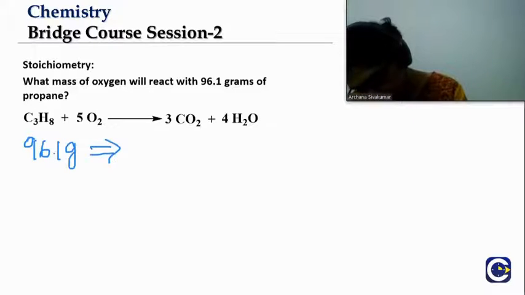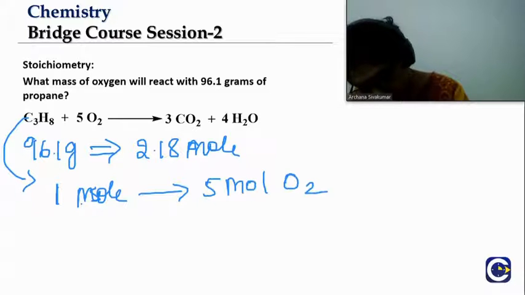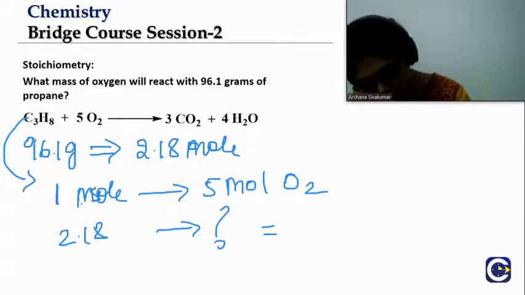I converted it into moles using molar mass, and according to the standard the ratio is 1:5. That is, 1 mole of propane will react with 5 moles of oxygen. So 2.18 will react with 10.9 mole. So this is what is required.